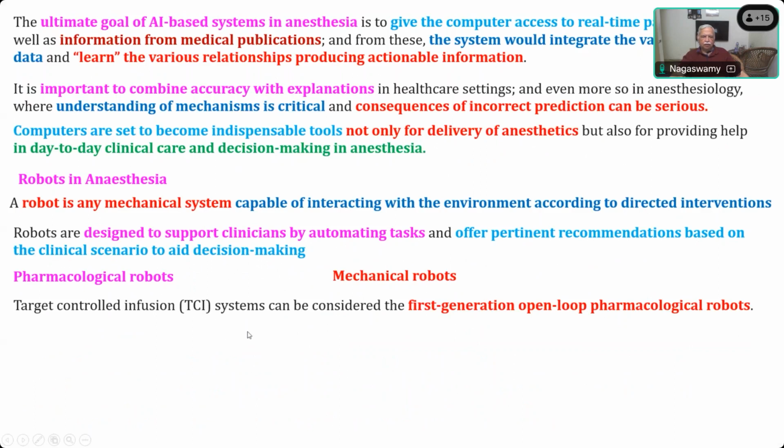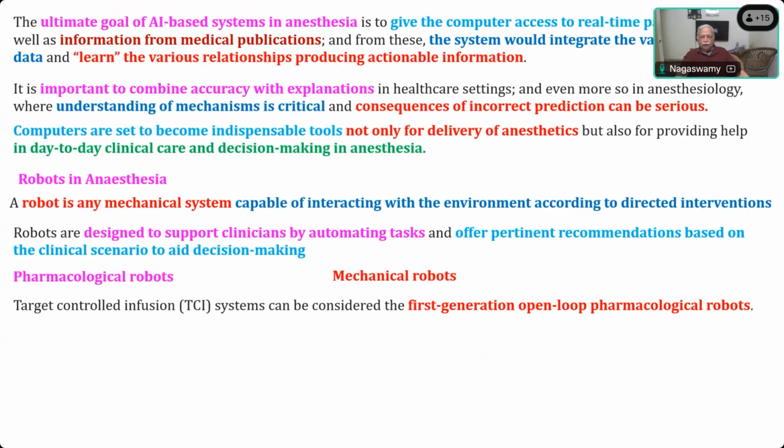Because in target control infusion, earlier when it was started, you first feed all the data: the biometrics of the patient, his height, weight, his BMI, his pre-medication, the drug that you are using, the pharmacokinetics, pharmacodynamics, everything is fed into that, and it decides what is the dose to be given.